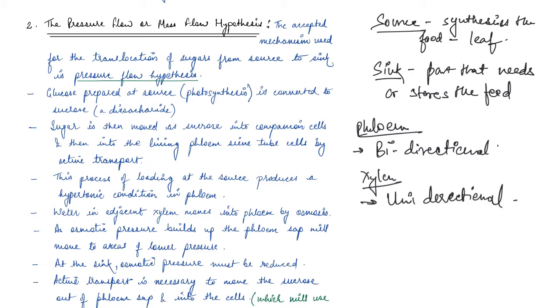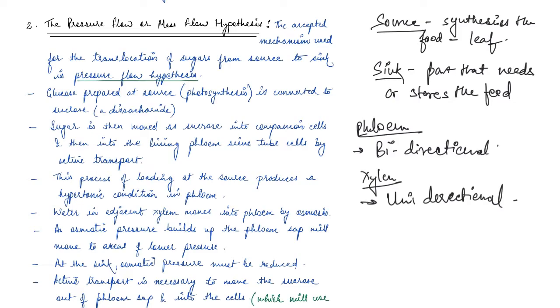Osmosis, right? And as this osmotic pressure builds up in the phloem, right? As soon as it starts building up, the phloem sap will move to areas of lower pressure, right? So this phloem sap, which contains water and sucrose, starts moving to areas of lower pressure, right?